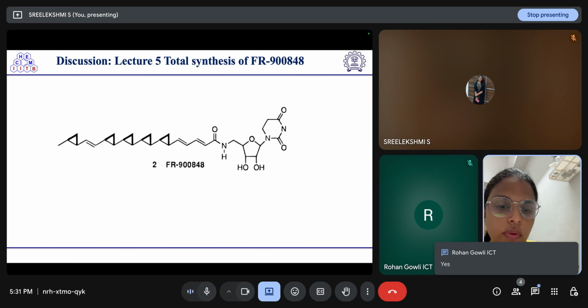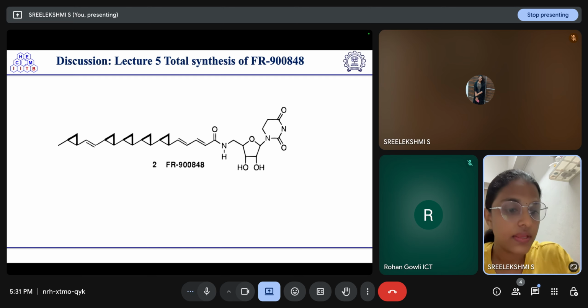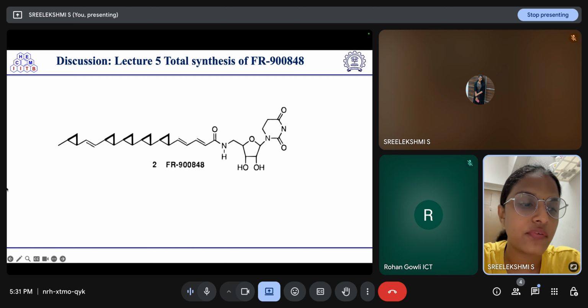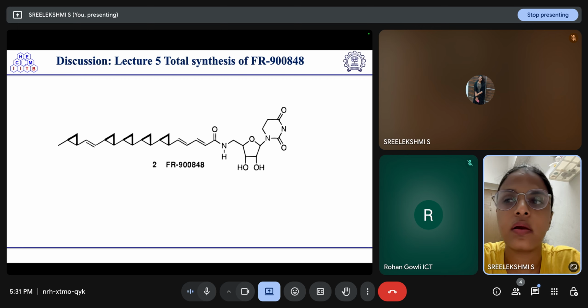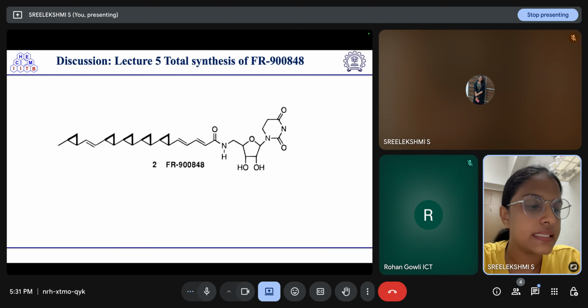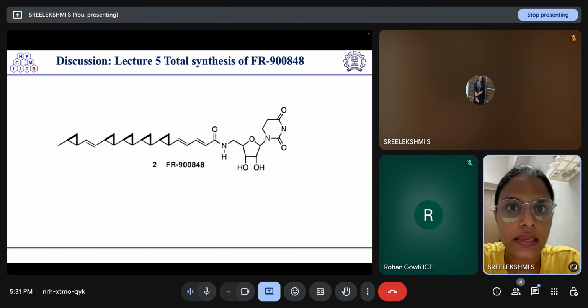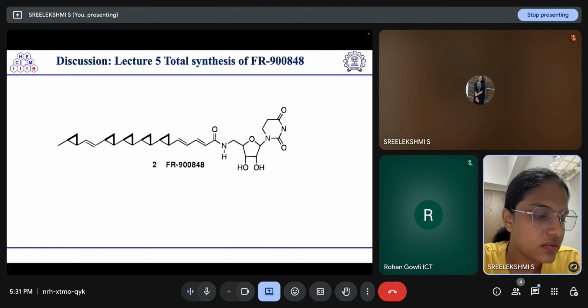If there are no questions regarding the lecture contents, we have also seen some references which could be followed for a better understanding of these topics: E.J. Corey's textbook The Logic of Chemical Synthesis, Classics in Total Synthesis by Nicolaou, Organic Synthesis: The Disconnection Approach by Warren, Modern Organic Synthesis Workbook by Zweifel and Nantz, Some Modern Methods of Organic Synthesis by Carruthers, Domino Reactions in Organic Synthesis by Tietze, and Advanced Organic Chemistry Volume 2 by Carey and Sundberg.